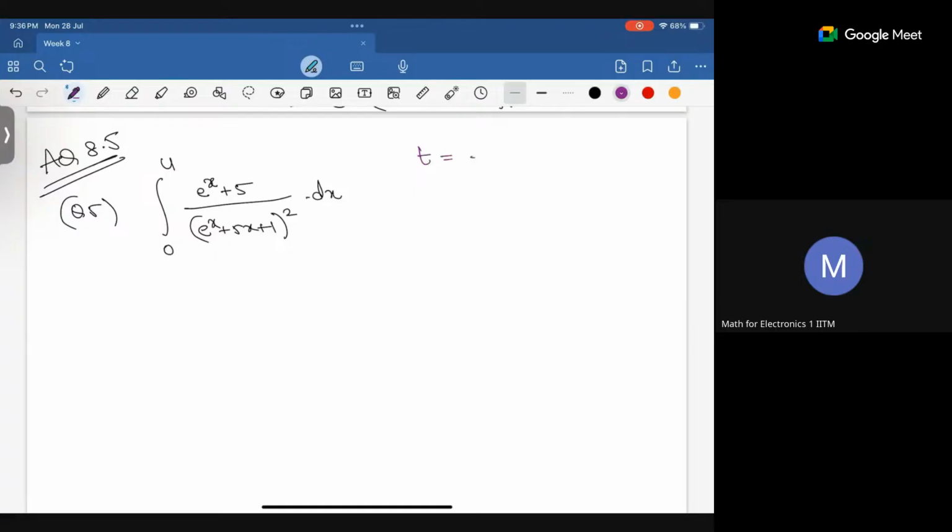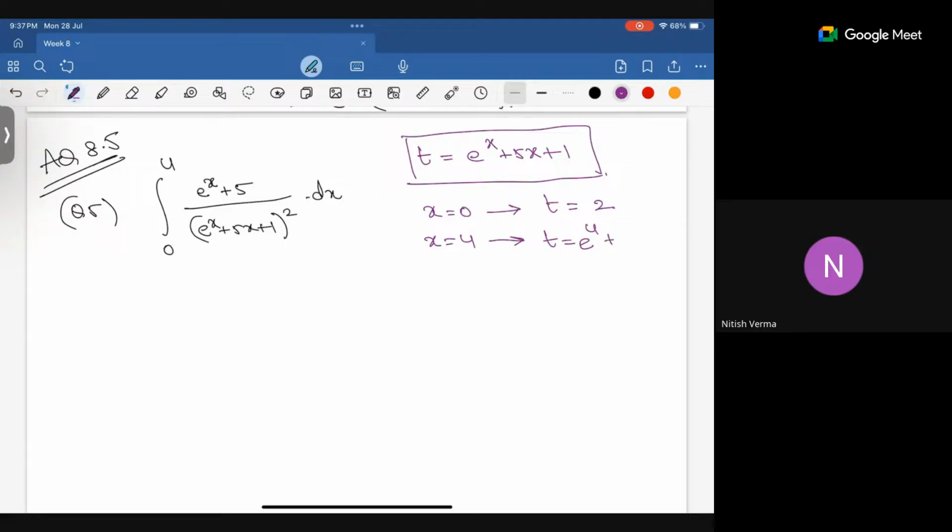I'll just substitute t = e^x + 5x + 1. If I do this substitution, then let me compute the limits. When x is 0, the limit will be 2, because e^0 + 5 times 0 + 1 is 2. And when x is 4, the limit will be e^4 + 21.